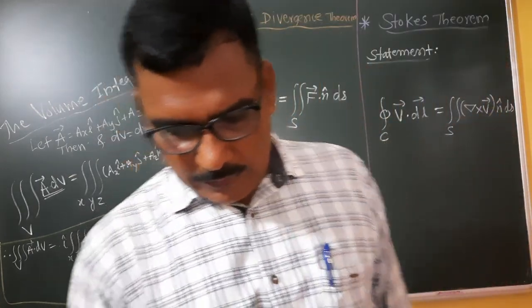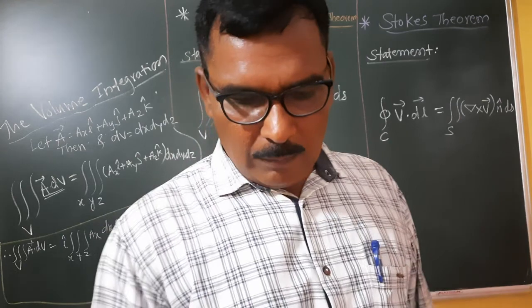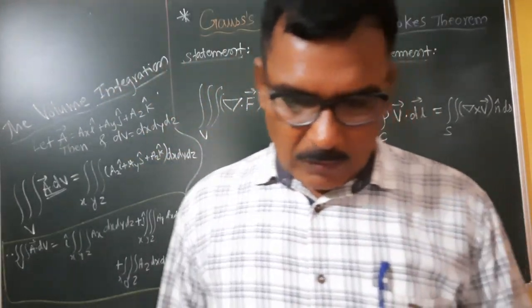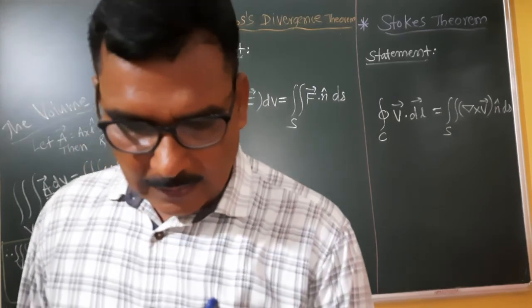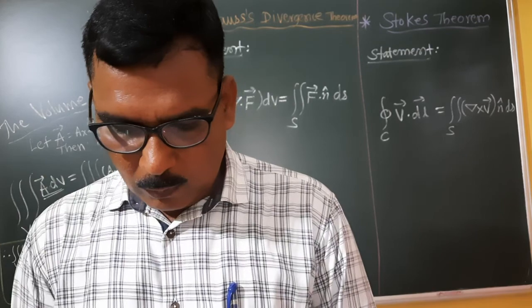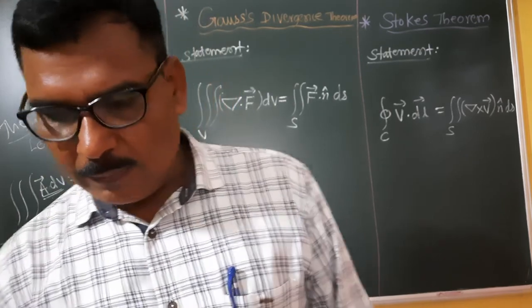Now we are going to discuss some problems on this also, but first we discuss the Gauss divergence theorem. This theorem enables us to transform volume integration into surface integration.